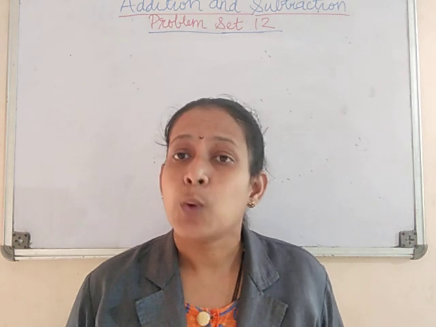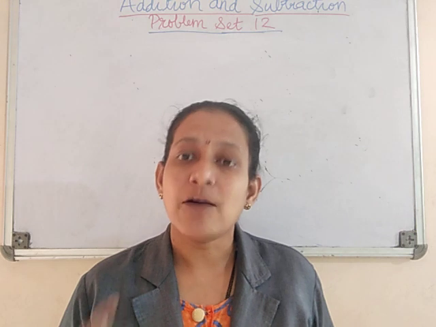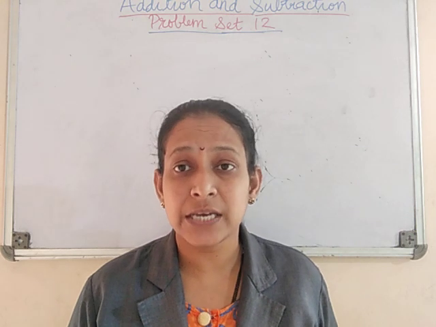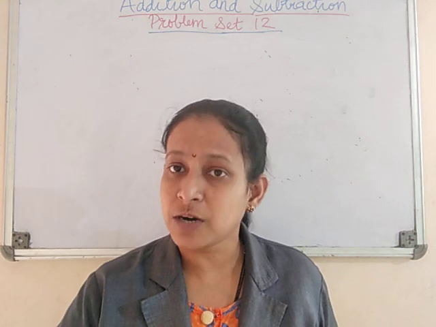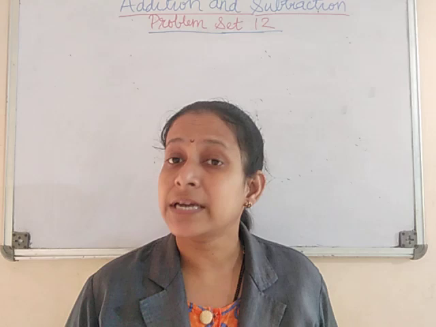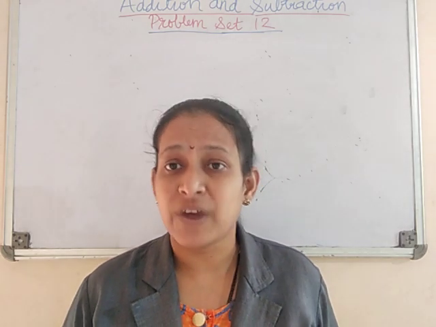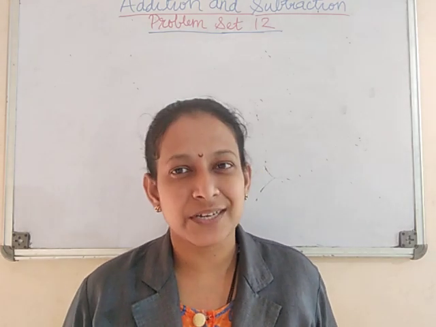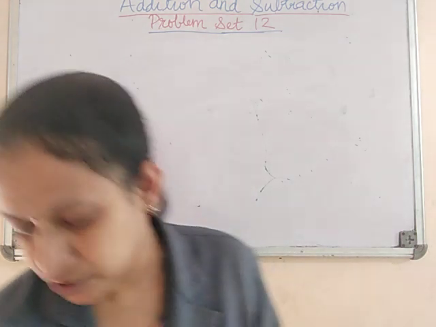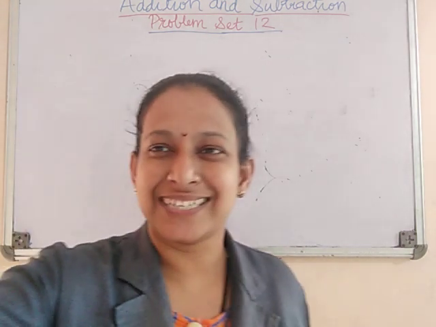Fine. So we need to find out how much is the difference between the amount of the laptop and the amount Prathamesh has. And the difference can be found out by doing subtraction. So let's begin with the first word problem by doing subtraction.